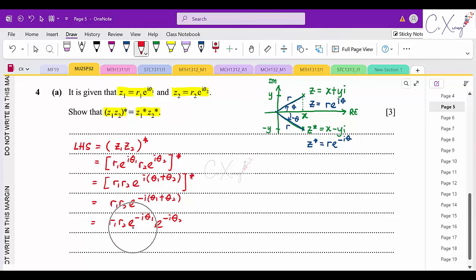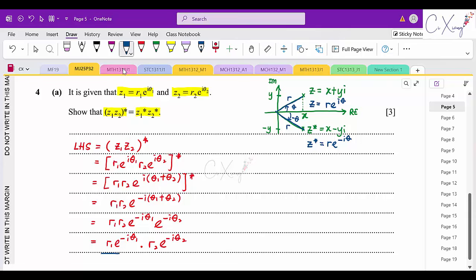Then when you expand it, this is what you get: negative θ1 i plus negative θ2 i. Then from here, you group r1 and θ1 together, so you'll be having this, then multiply with r2 e^(-iθ2).